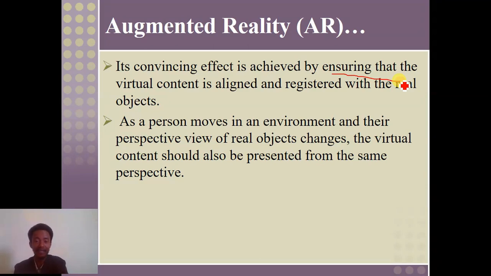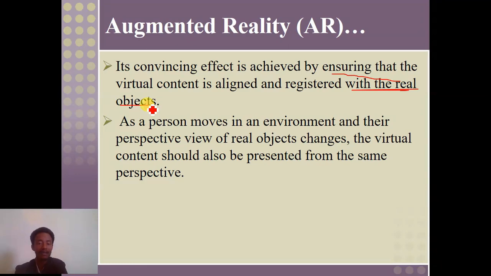It is able to be aligned and presented within the real objects. My image is the real world, and the content that I have added, the beard and the eyeglasses that I wore, are all computer-generated virtual content that has been aligned and registered with the real environment.